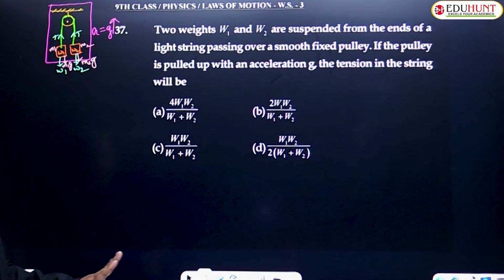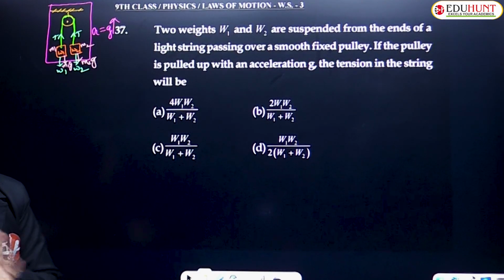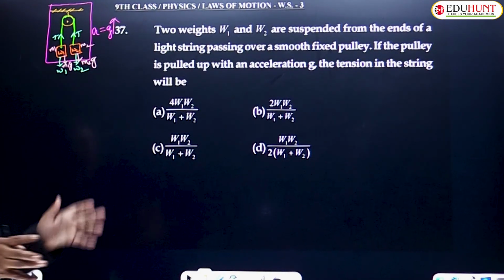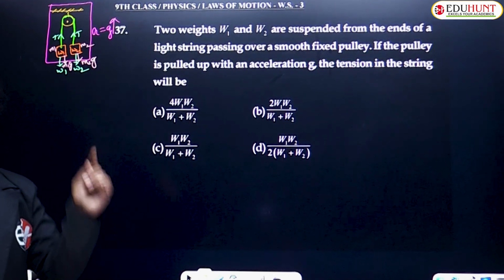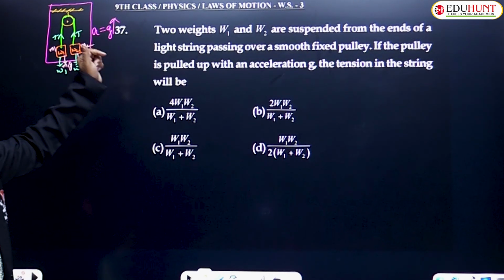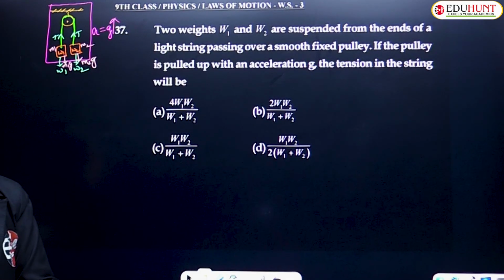Earlier the pulley is not accelerated. In the earlier examples we discussed, the pulley is not accelerated in any direction. But in this example, the pulley itself is accelerating upwards with acceleration g. Whenever this pulley is accelerated upward, there must be some pseudo force acting on the system.